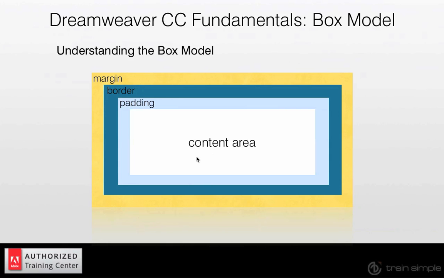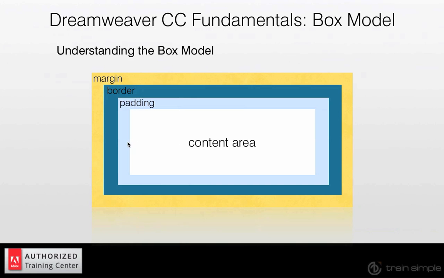Remember, if the width and height is 100 by 100 pixels, you have to understand how you calculate the overall width and height of an element. If you add 5 pixels of padding and a 5 pixel border, you're ultimately changing the overall width and height of this HTML element.